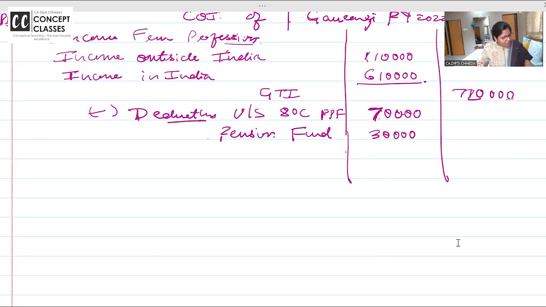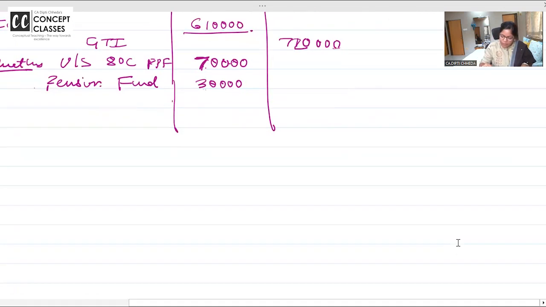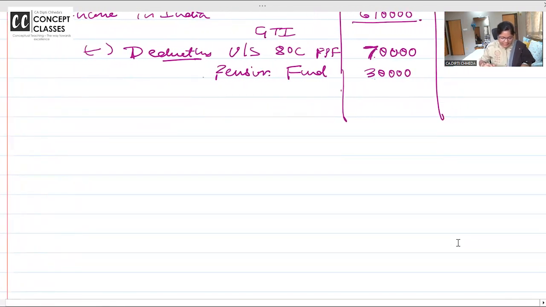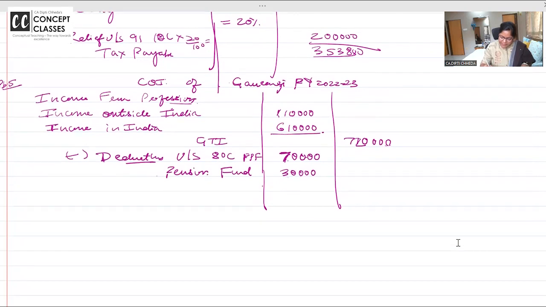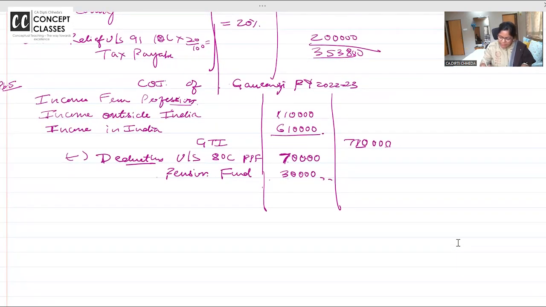She has also contributed 20,000 for the health claim for herself. Let us do this first. For 80C, what is the upper limit? 1,50,000, so it has not been crossed here. Now she has paid mediclaim, so deduction under section 80D.